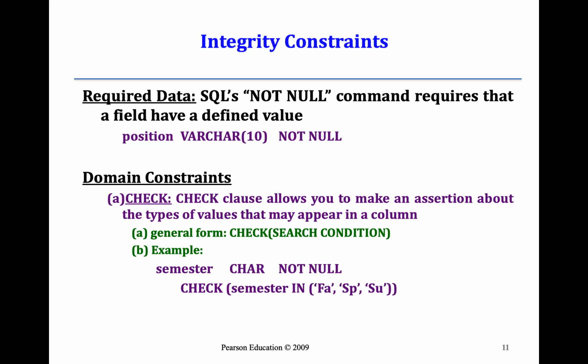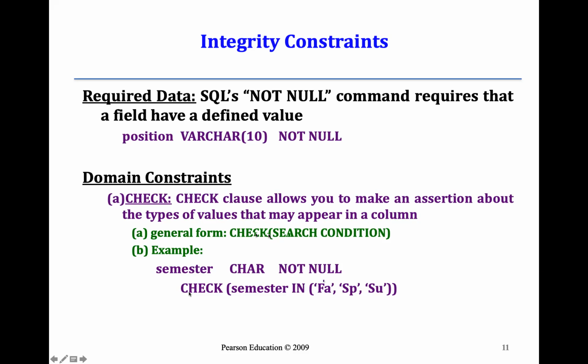The way you can do that in SQL is with the check keyword. The general form is check and then some search condition. For example, we can say check that semester is in this set: fall, spring, summer. So now, even though semester can be a char, we're restricting the values it can take to be fall, spring, or summer.